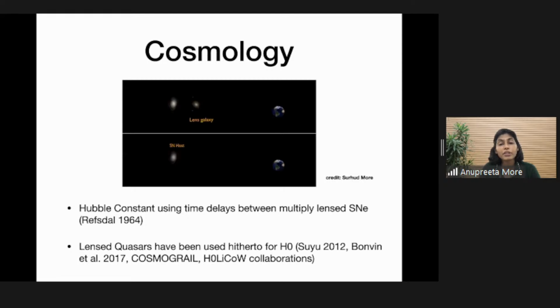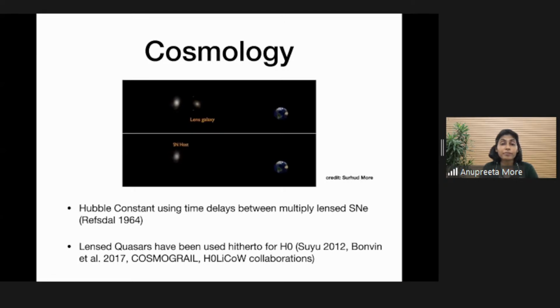So now coming to more of the time delay based science. If you remember, I mentioned that because of the dependency of time delays on the angular diameter distances, one can get constraints on the Hubble constant. And so most of the time delay based studies, their main interest is in constraining the Hubble constant by measuring the time delays in these systems.